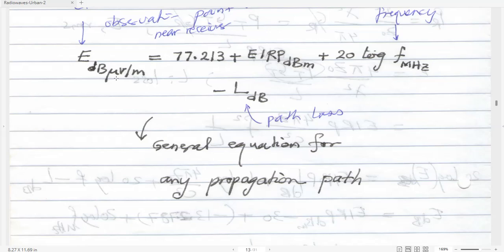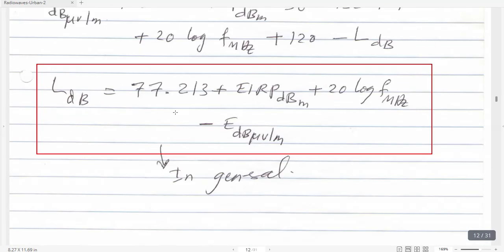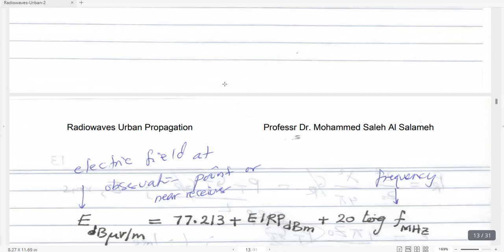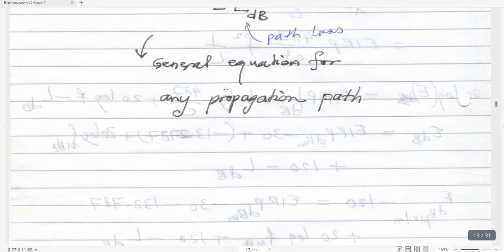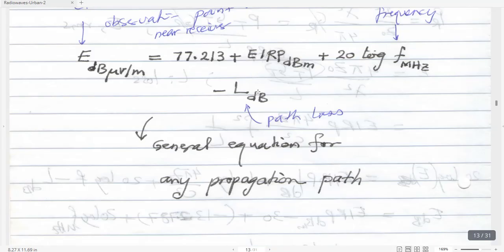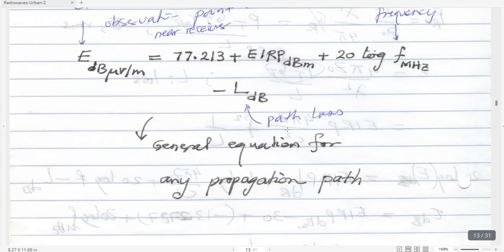If you are given L, you can find E, and if you are given E, you can find L. Okay. This is a general equation for any propagation path, as we mentioned. Electric field at the observation point or near the receiver, and this is the frequency, and this is the path loss.